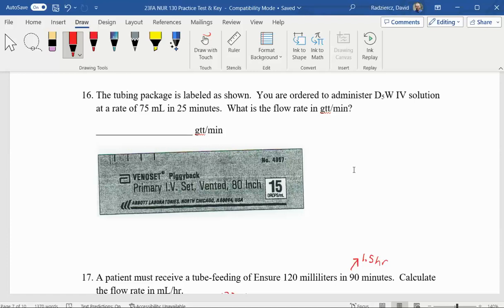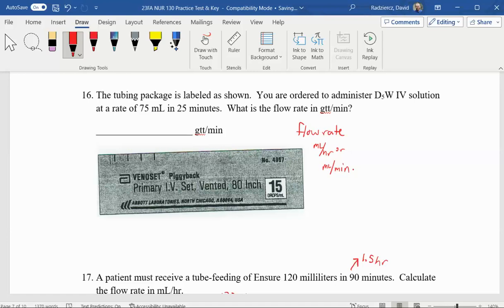All right. So for this question, in order to calculate this type of flow rate, I need two pieces of information. I need to know the flow rate, which is usually milliliters per hour, but it could be milliliters per minute. Just depends on how it's written out.